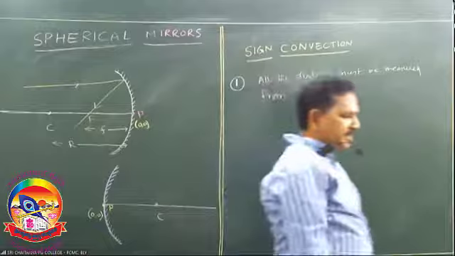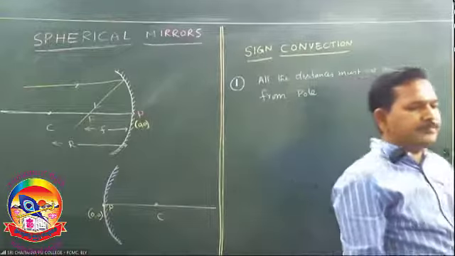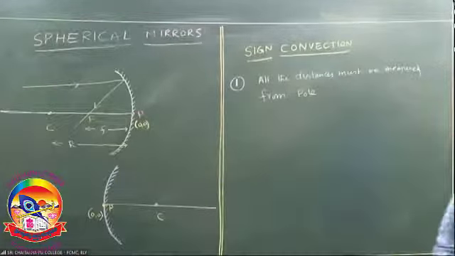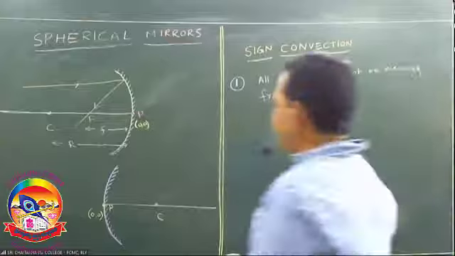The pole is treated as the origin. What is the second point in the sign convention?